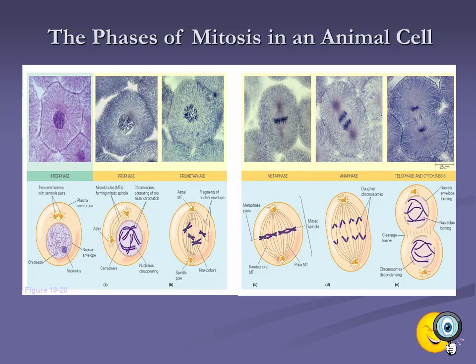In mitosis, at metaphase, what is lined up across the midline? How many sister chromatids? 46. Because, if you sit down and reason logically, you got 46 sister chromatids, they're going to get split in half. 46 chromosomes this way, 46 chromosomes the other way.